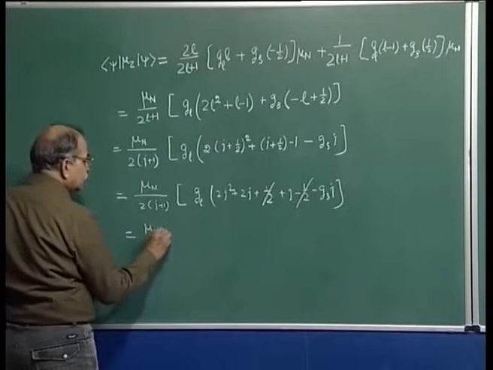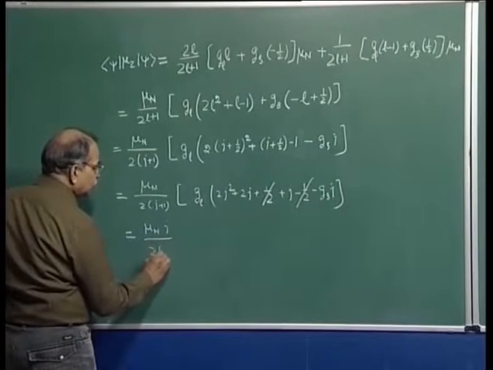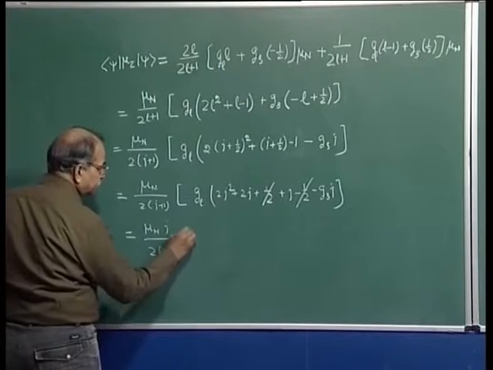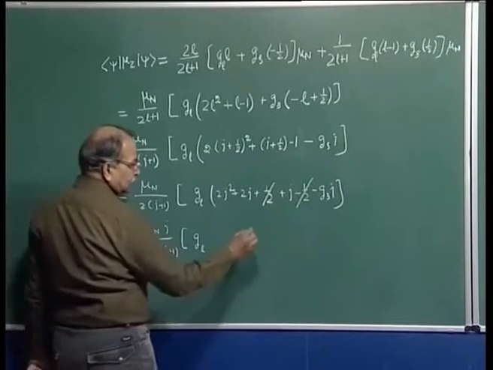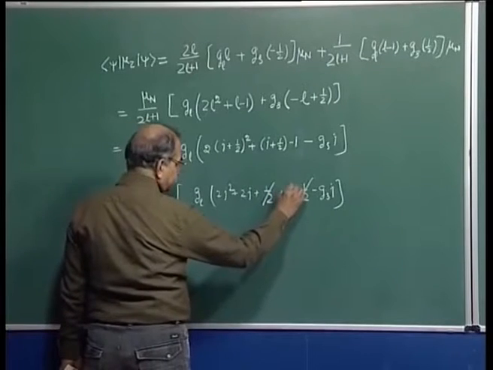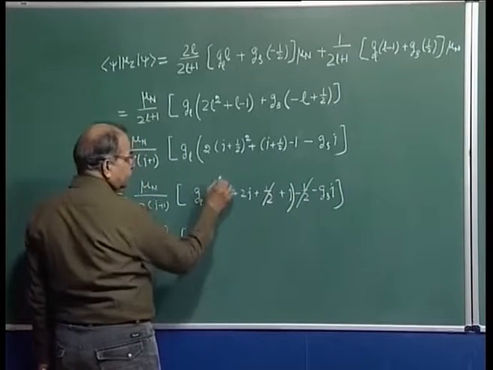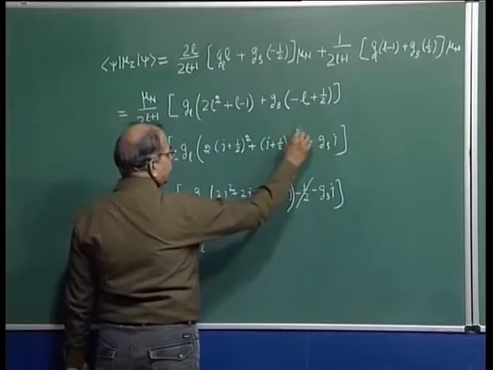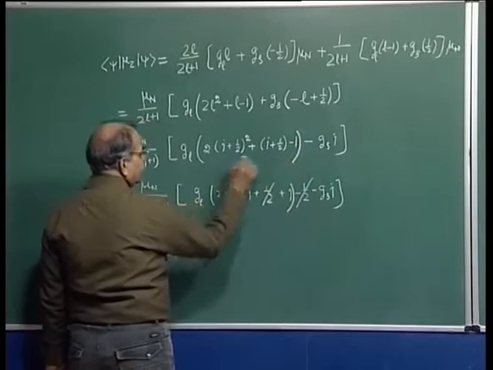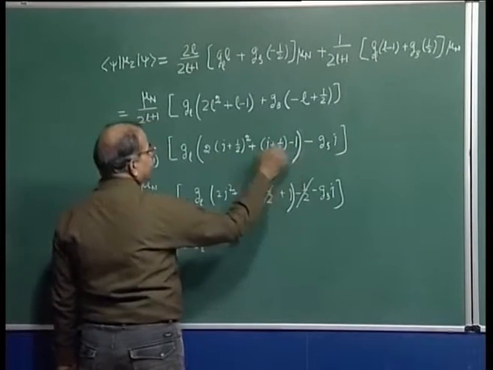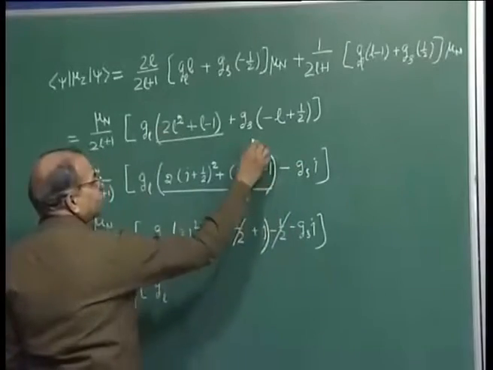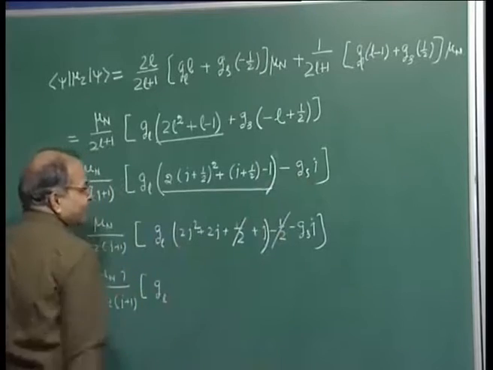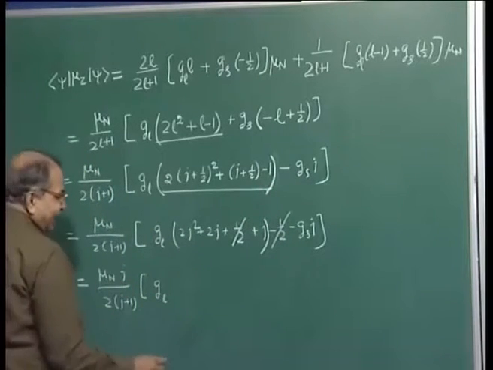So, mu n j 2 j plus 1 GL, hey, stop here, this bracket GL bracket closes here, this bracket closes here, GL into this whole thing. So, GL into this whole thing and then minus GS into J, follow the algebra correctly.